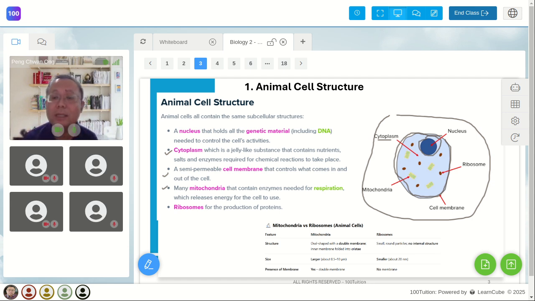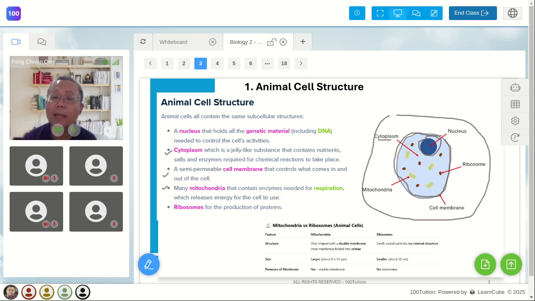The mitochondria has a structure, and it contains enzymes needed for respiration. So it's where respiration takes place in the cell. The function is where respiration happens and where energy is released for the cell. This happens at the mitochondria.